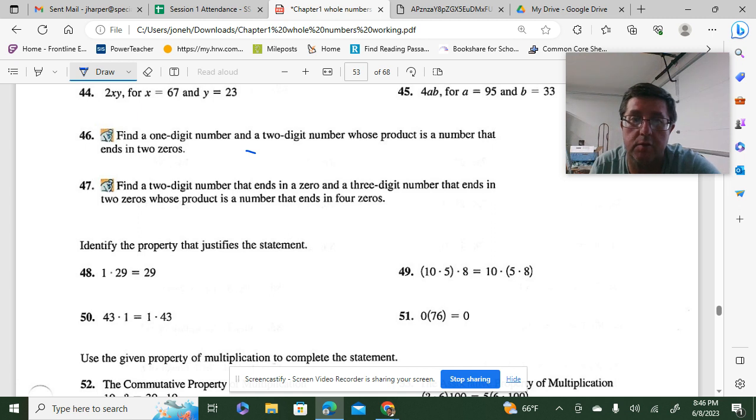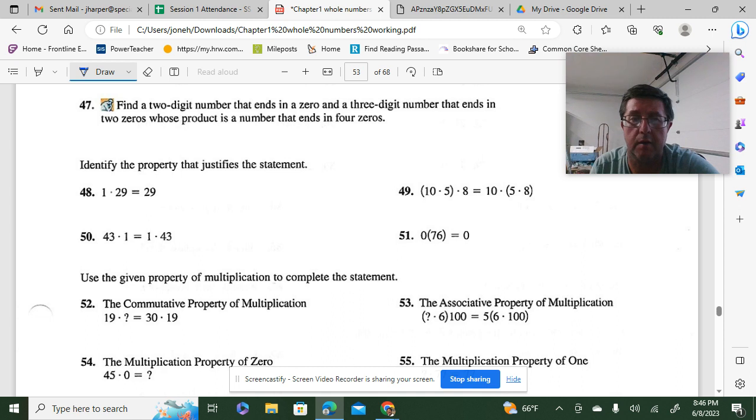So if you took, I guess you could take 9 times 20, and I think it would end with two zeros. I don't know. You can deal with that.